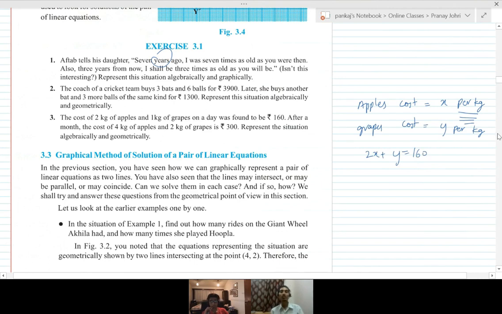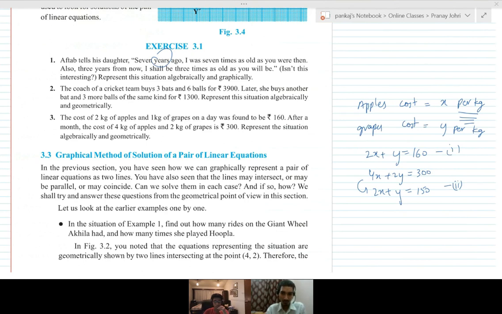And then after a month, 4x plus 2y is equal to 300. So 4x plus 2y is equal to 300 can be written as 2x plus y is equal to 150.